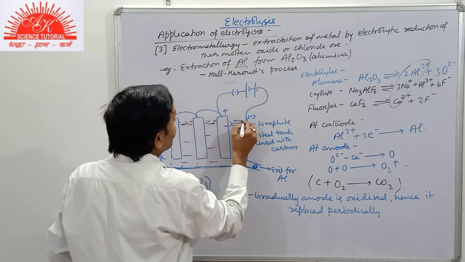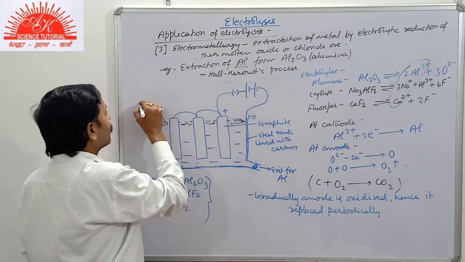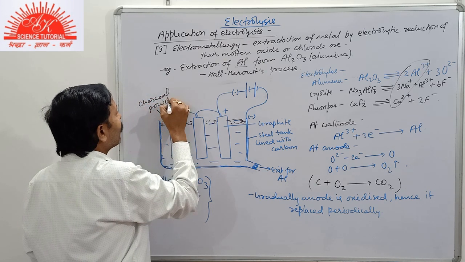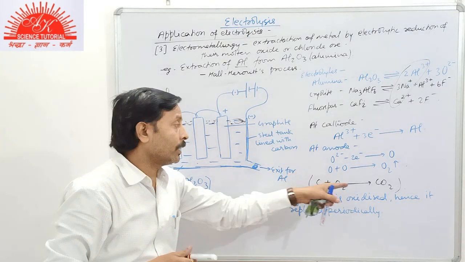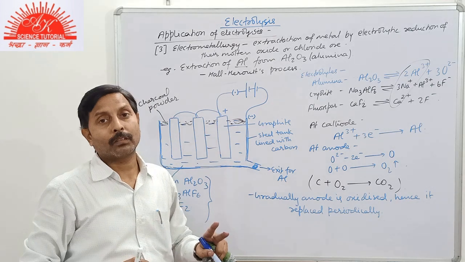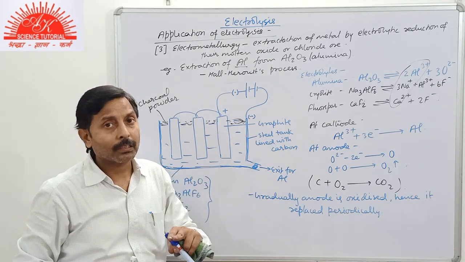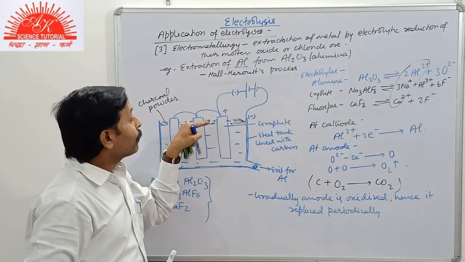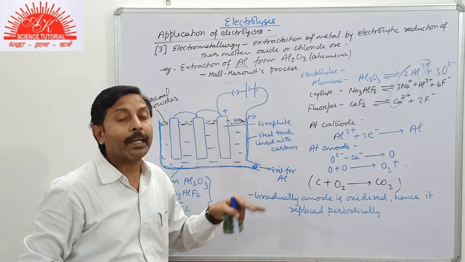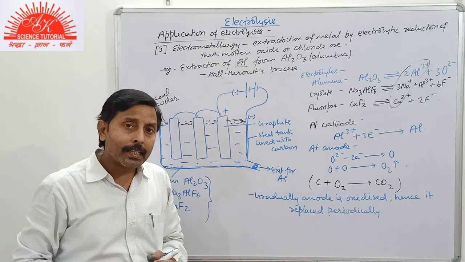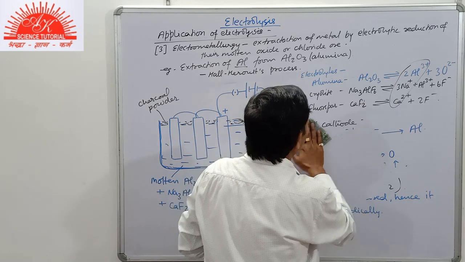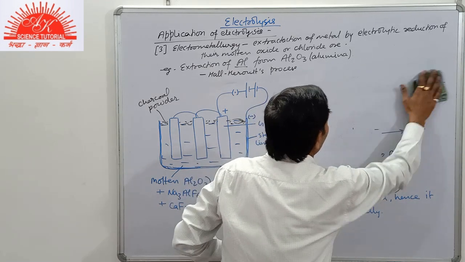Charcoal powder reacts with oxygen and prevents oxidation of the anode, and it also prevents loss of heat by convection and radiation, hence saves electrical energy. So, to make the process continuous, we use this point.